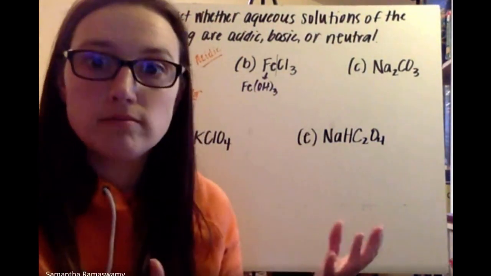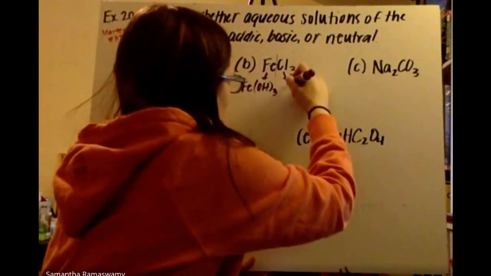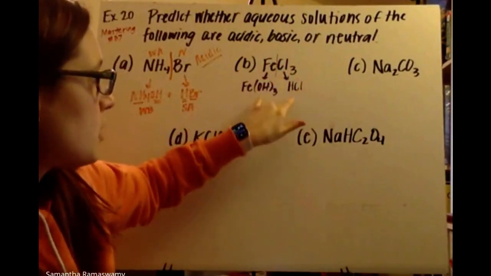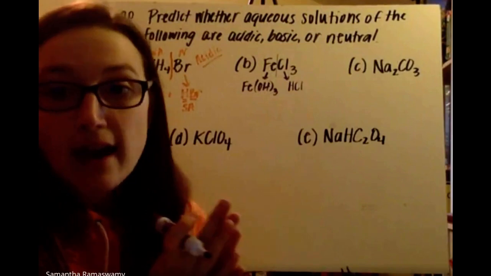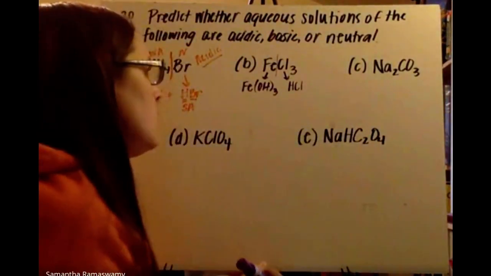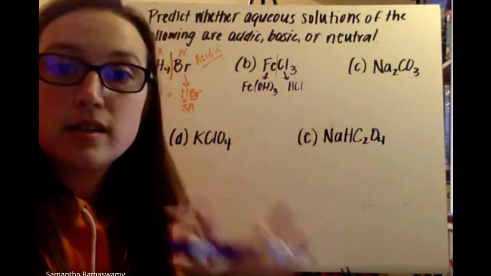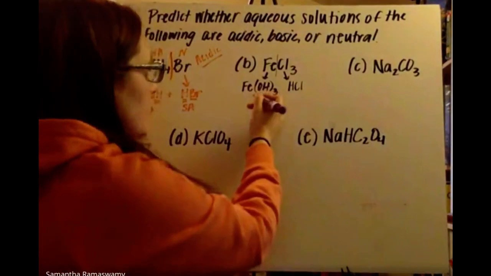So Cl minus comes from HCl. So this salt is actually created when FeOH3 and HCl react, undergo an acid-base reaction, a double replacement reaction. So now we just need to label each part, each base and acid, to figure out what that means about the cation and the anion.